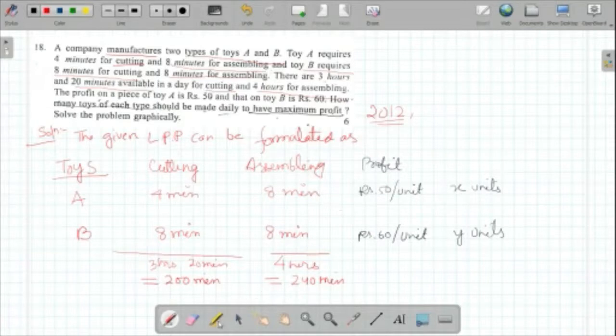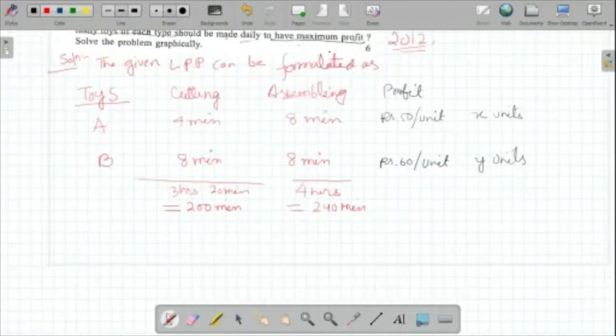Okay, so as usual we have to concentrate. Now one more thing. For cutting, 3 hours 20 minutes are available in a day, that is 200 minutes. That means at the maximum 200 minutes. So cutting time should be less than or greater than?